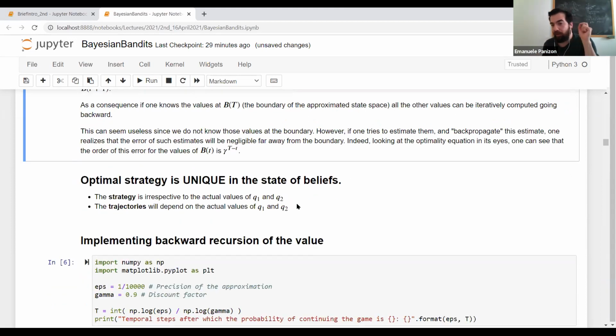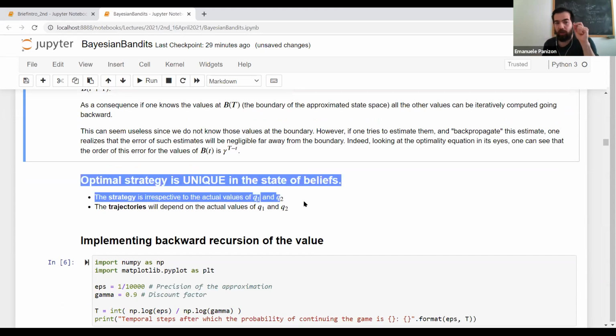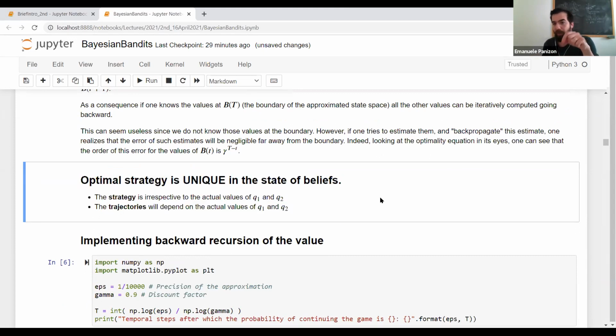Now, something which we want to point out. This is the optimal policy for each state of belief, and it is unique. So we will have for each state of belief a unique action to do, because it's also deterministic.